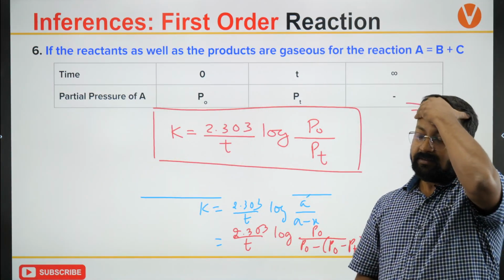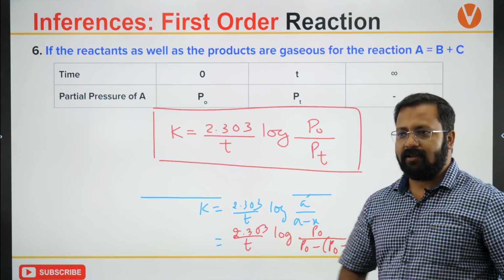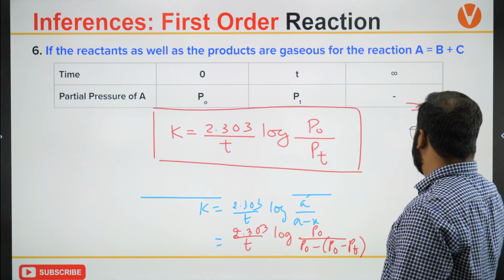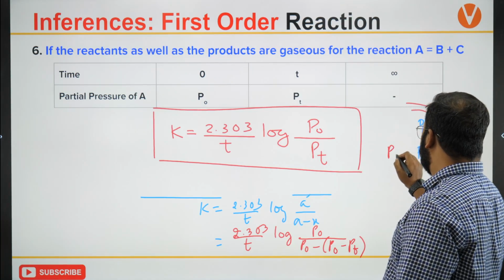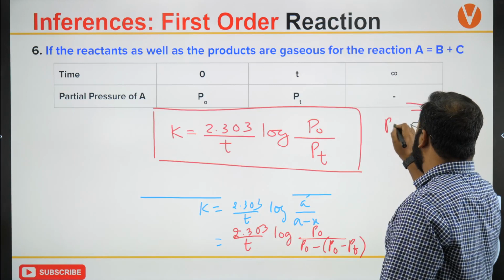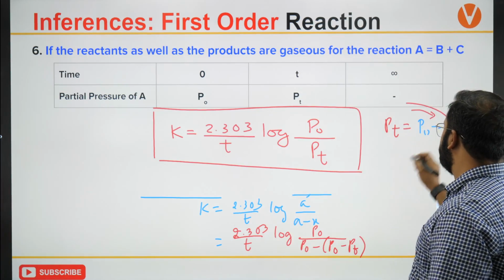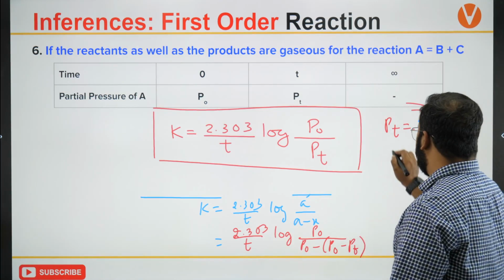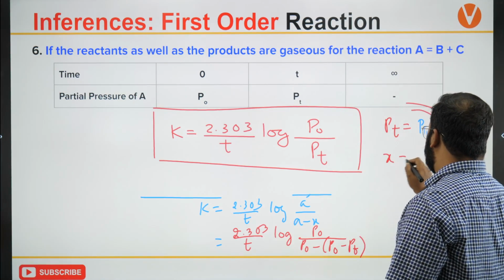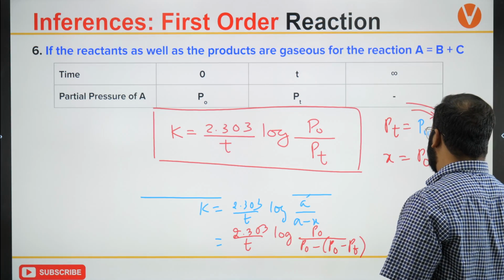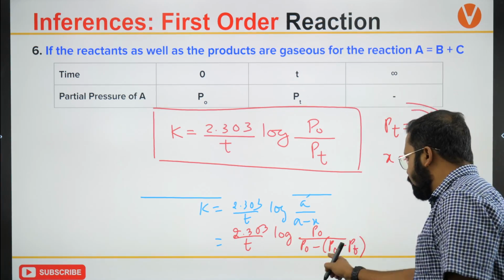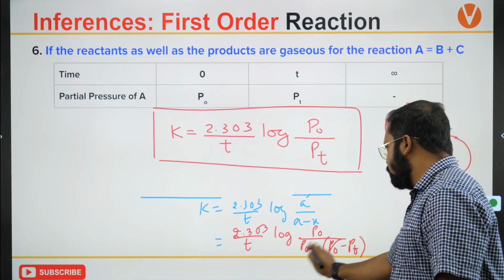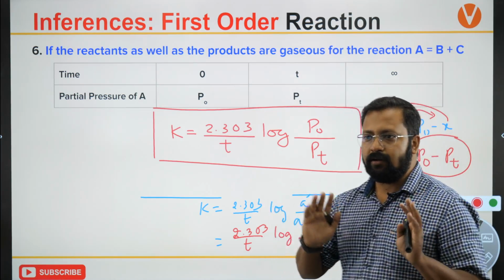This expression will come, okay? Please do check it. So PT is equal to P naught minus X, or X can be written as P naught minus PT. If I incorporate this, P naught by P naught minus PT, so P naught will get cancelled, and I will have only PT over here.